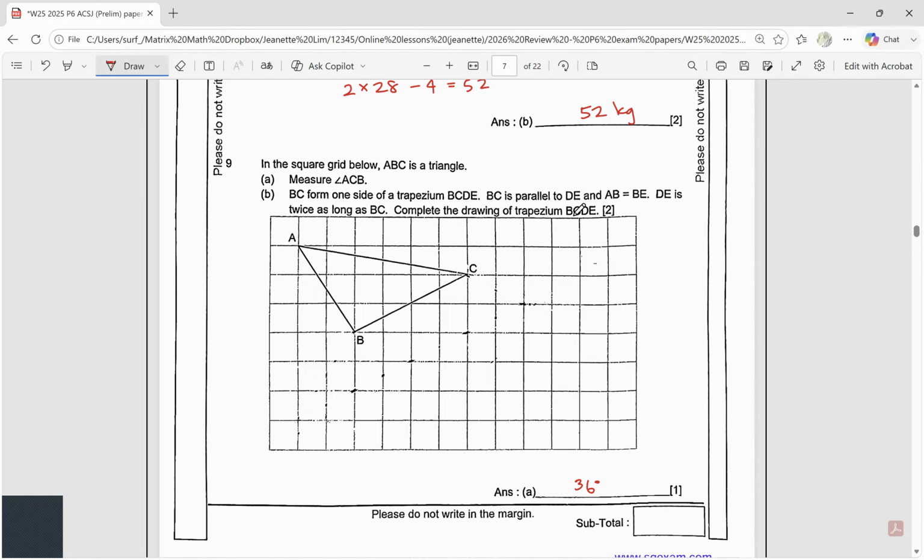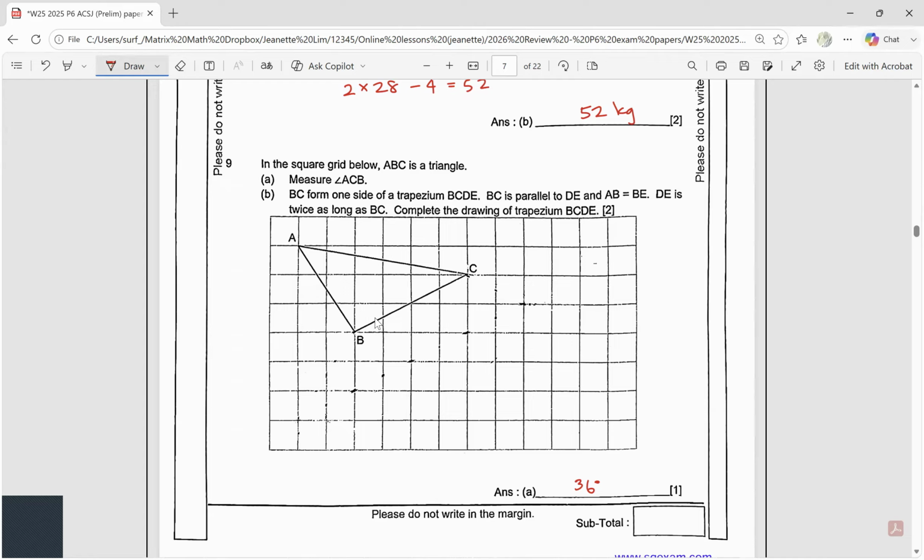Okay, so firstly, we know the parallel lines will be, this is one of the parallel lines in the trapezium. Then BC is parallel to DE. So BC is one of the parallel lines. AB goes to BE. AB is here. So BCDE, so BE will have to be the same length as AB.